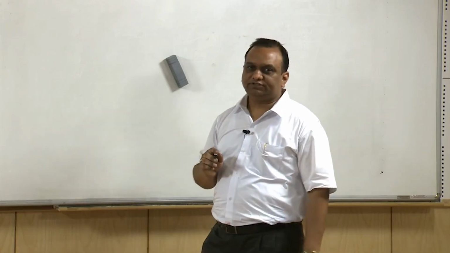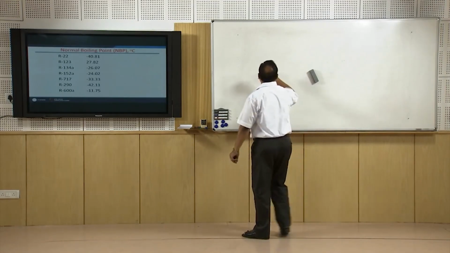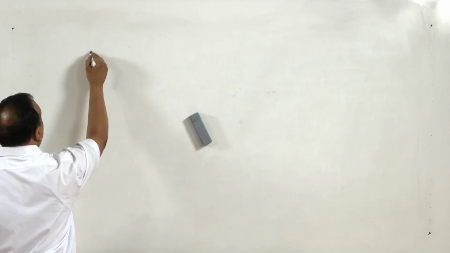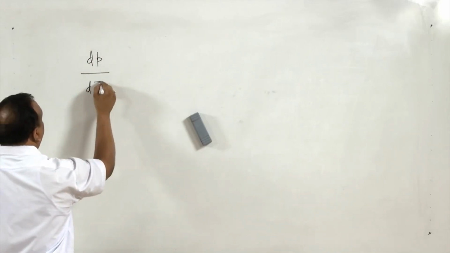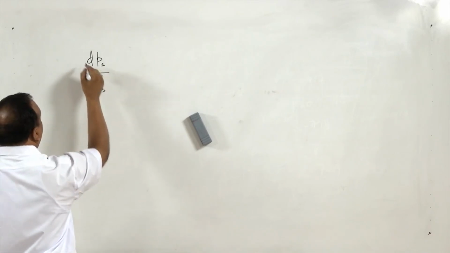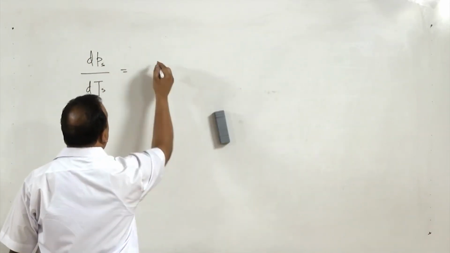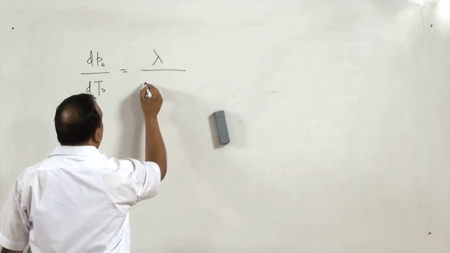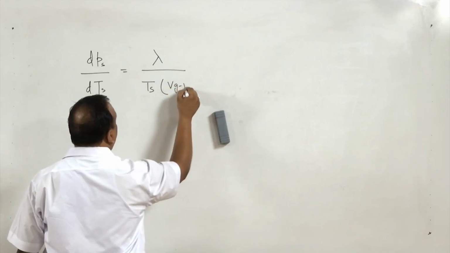So, the Clapeyron equation, which is a derivative of Maxwell relation, says that dP by dT at saturation is equal to latent heat lambda divided by saturation temperature times Vg minus Vl.